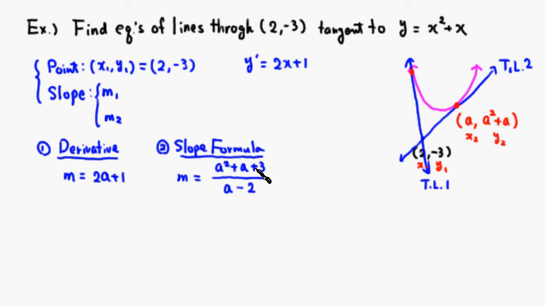Since we're talking about the same slope, these two expressions must be the same, so we set them equal to each other. I'm going to multiply both sides by the quantity a minus 2.